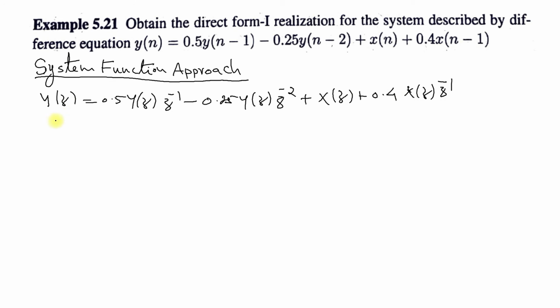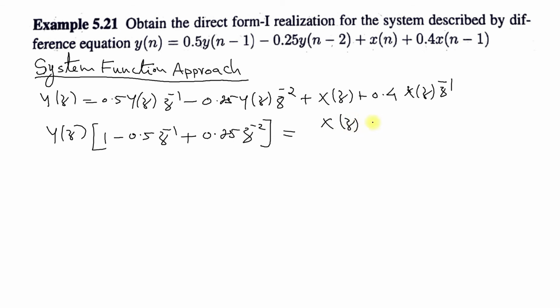Now take the Y terms to the left side, so that we get Y(z) times (1 minus 0.5 z inverse plus 0.25 z raised to minus 2), which is equal to X(z) times (1 plus 0.4 z raised to minus 1).